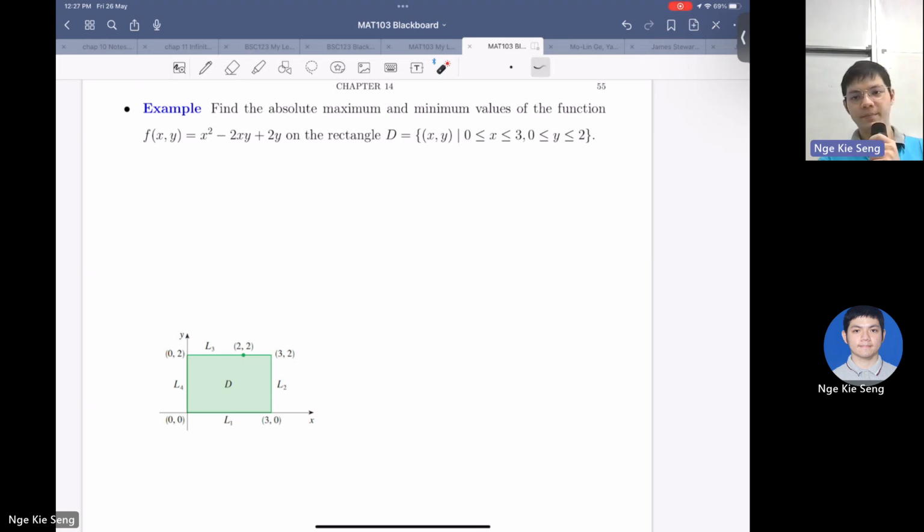What's the boundary of a rectangle? Just the sides. The sides of the rectangle.